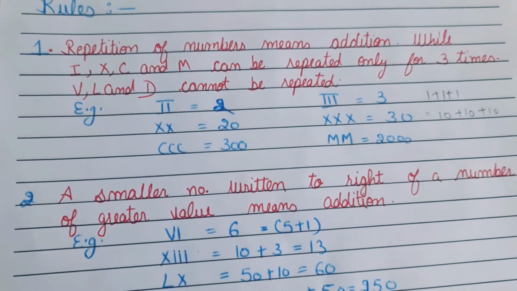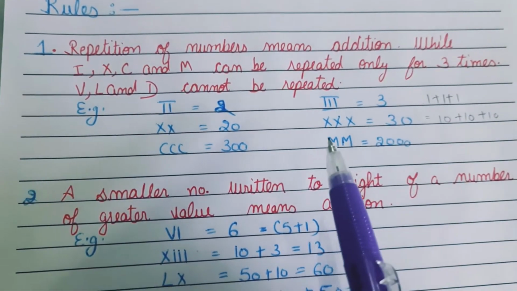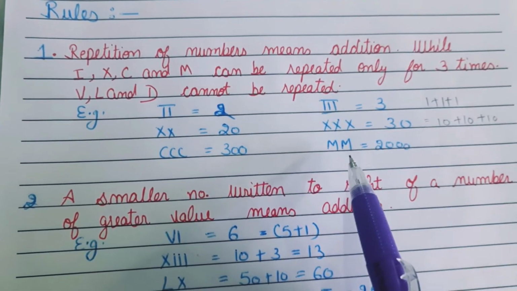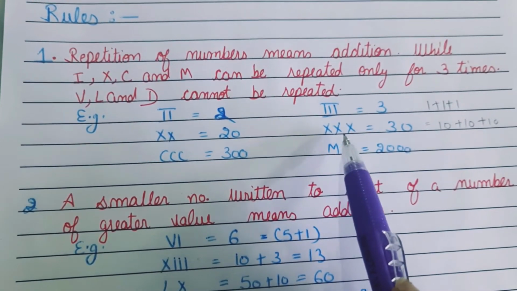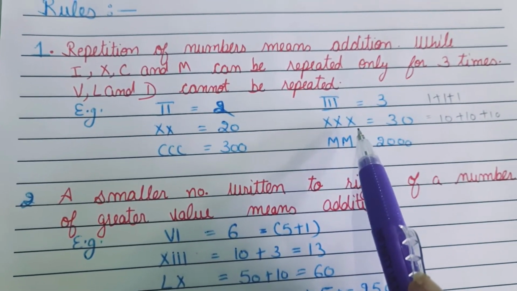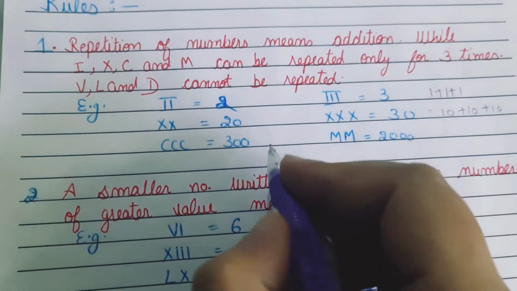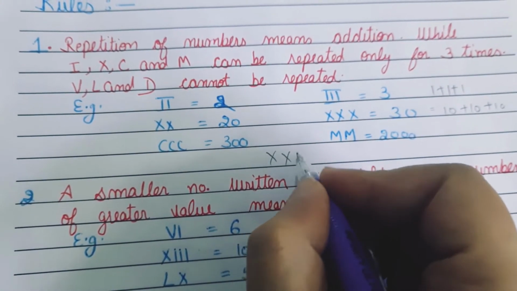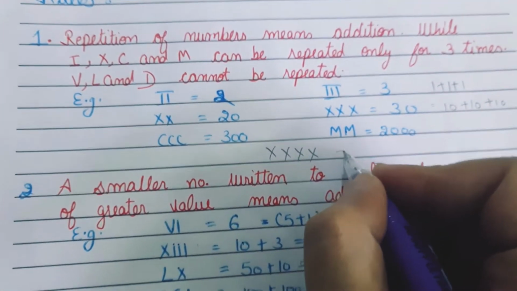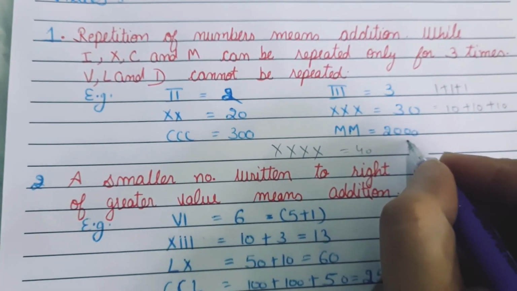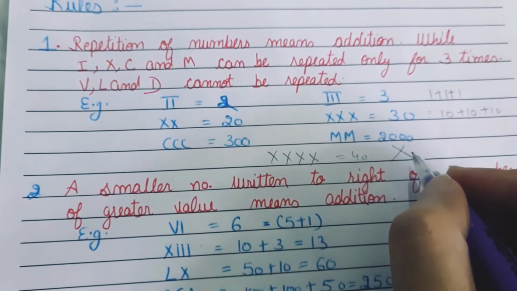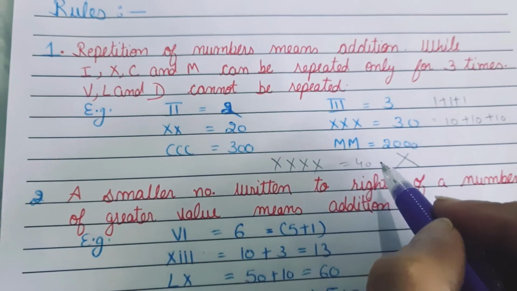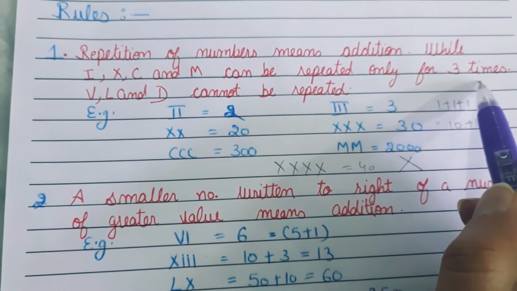So we use numbers like X only up to 3 times. We can't write X and X and X and X, which would be 40, but this is wrong. We repeat X only up to 3 times.